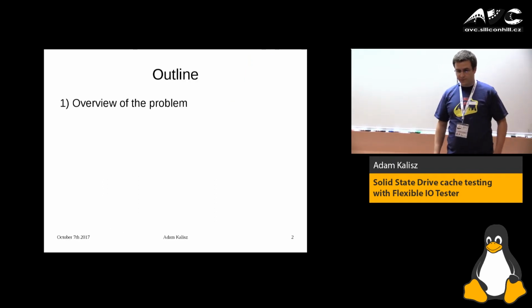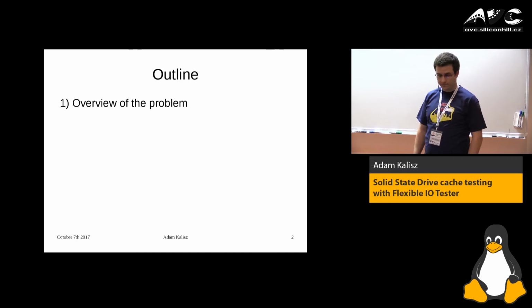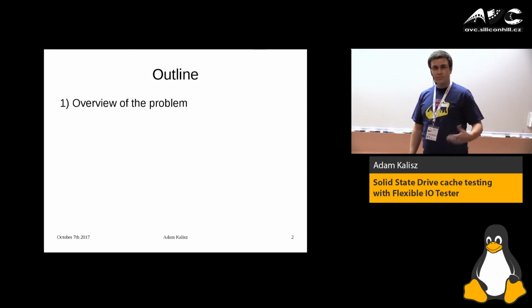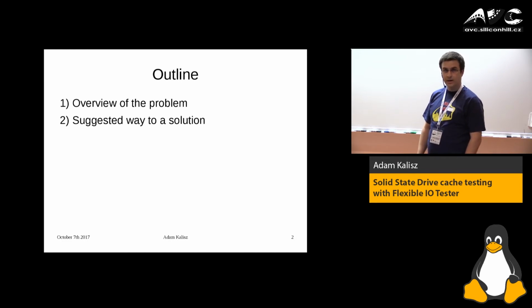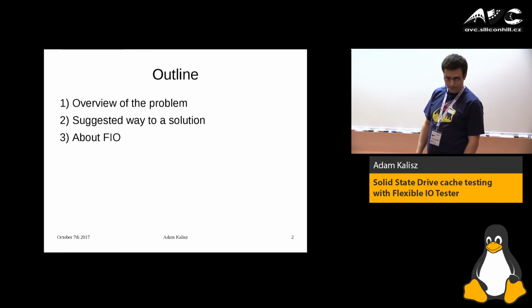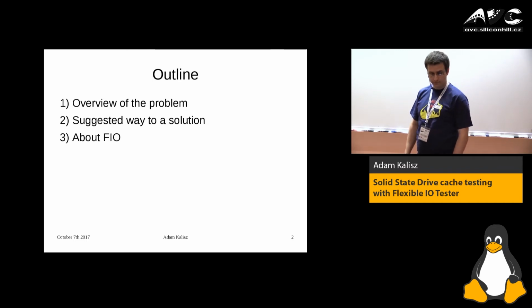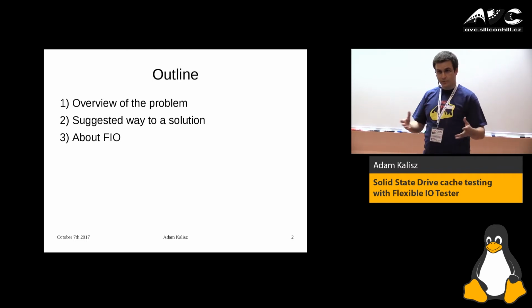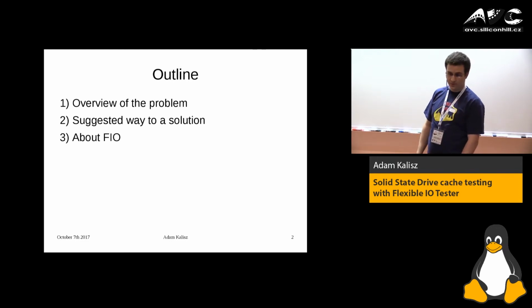The structure of my talk is distributed in 5 points. I will present an overview of the problem, a suggested way to a solution in general. I'll talk about Flexible I/O Tester later on, more in theory, and then in some examples as well.